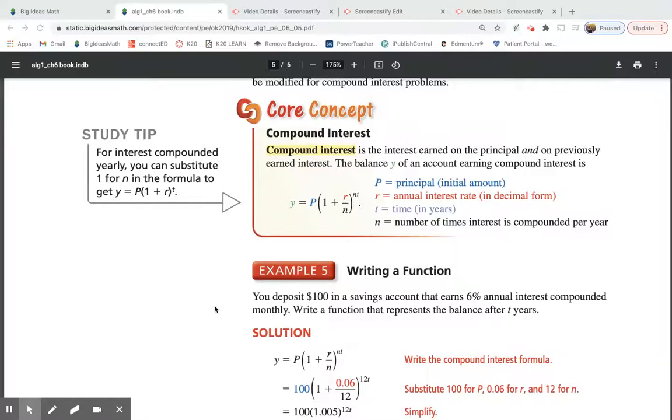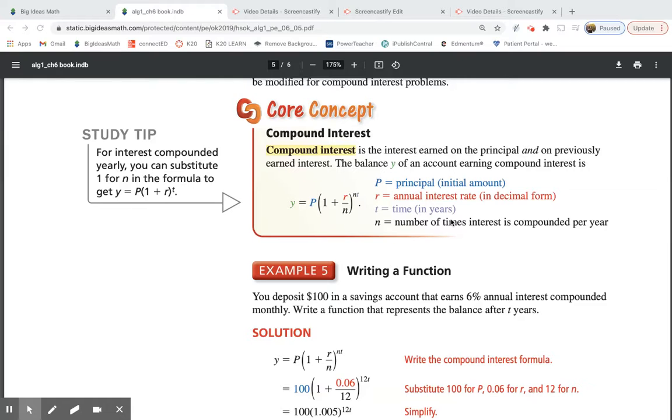Okay, last section. Now we're going to look at one more type of function, compound interest. Okay, so write this formula down, and I would write what these mean. T and R still mean the same thing that they did previously. Now instead of an A, we have P, which means principal amount because it's interest, and that's still your initial amount, okay?